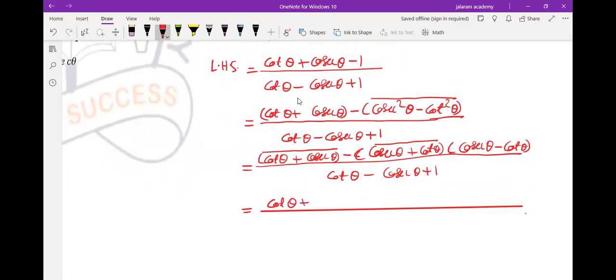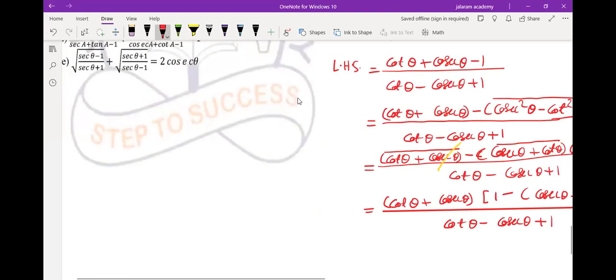So cot theta plus cosec theta is common into 1 from the first bracket minus from the second bracket, it will be cosec theta minus cot theta over the denominator, written as it is, cot theta minus cosec theta plus 1.